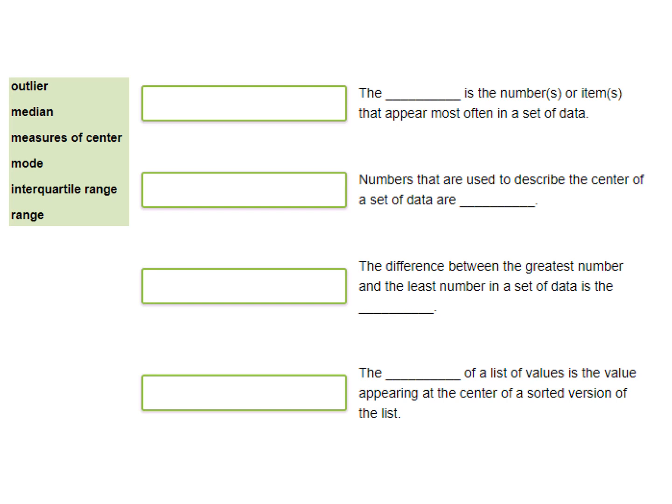All right, so here's the vocab portion. The blank is the numbers or items that appear most often in a data set. Well, that is the mode. Numbers that are used to describe the center of a set of data are measures of center.